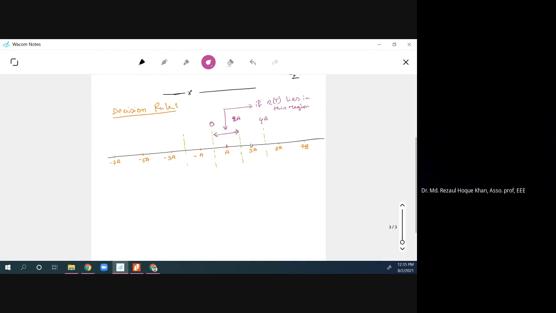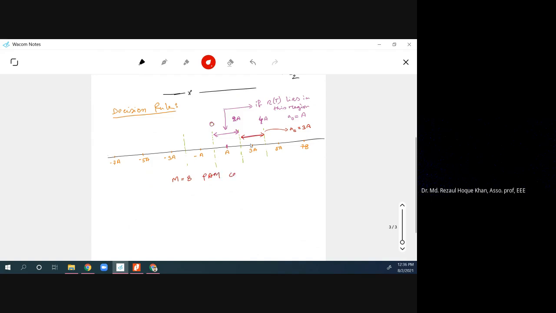We will decide the received symbol is A, so A0 will be received as A. Likewise, if r(T) is received between twice A and 4A, in this region, what will be our decision? A0 will be 3A. So this is actually our M equal to 8 PAM system.